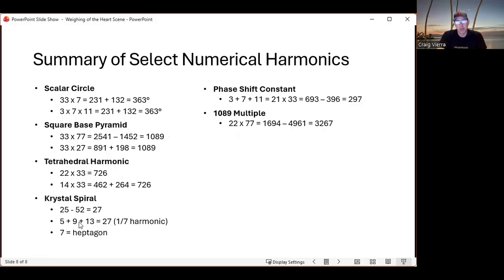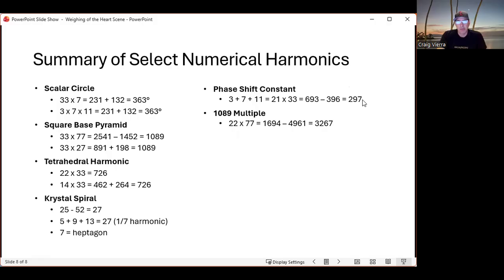The initiates, 5 plus 9, 13, that's 27. This is the crystal spiral. We showed earlier the heptagon is the number 7. This was on the crown of Seshat or Maat. So all of this is just converging. The phase shift constant, which is the seam that runs right down the middle of the hourglass, this 297 is showing up, and this is important. 297 degrees.